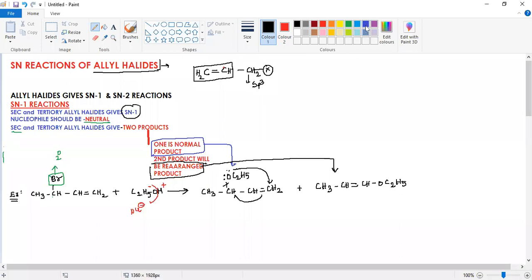I would like to give one more important point before going further. Here the normal product, beta, we can say is always the kinetically controlled product. This one is the kinetically controlled product.